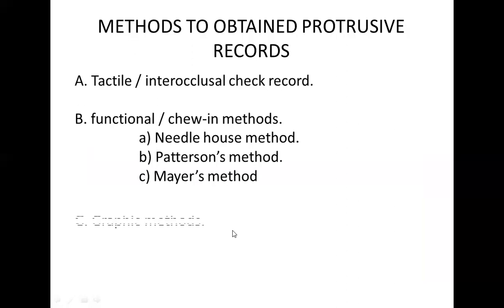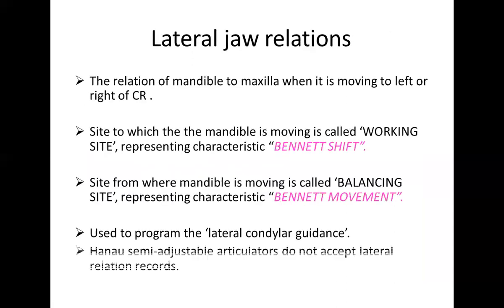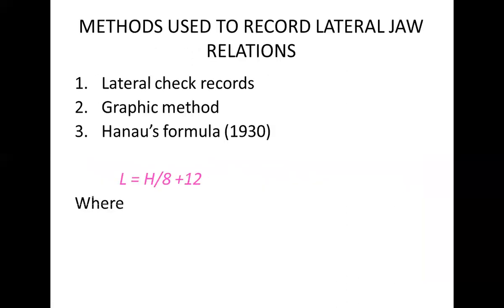And this reading you will record; this reading is the H part of your formula. So you will take this reading and use this formula. Lateral guidance is obtained from your horizontal guidance. For example, if it is 30, add the 30 here, divide it by 8 and add 12.